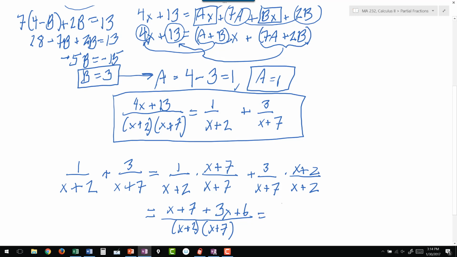And then in the numerator, x plus 3x gives me 4x. 7 plus 6 gives me the 13 I needed. And we see that we have done a good job by adding the individual fractions together. We came out with the original rational function.